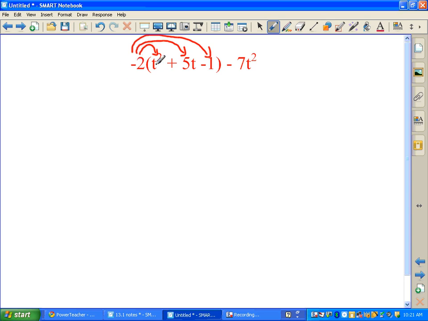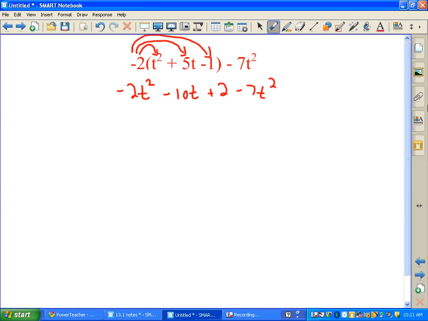So a negative 2 times t squared is negative 2t squared. Negative 2 times a positive 5 is a negative 10t. And a negative 2 times a negative 1 is a positive 2. And then this term at the end is just going to come down. It's not inside the parentheses, so it does not get multiplied by the negative 2.